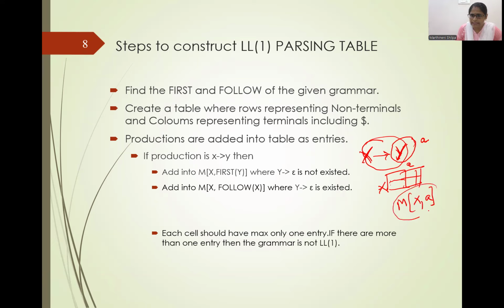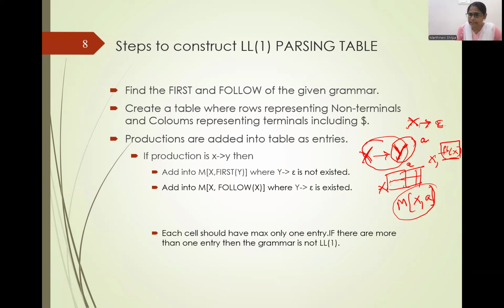When Y is not deriving epsilon, this is the case. If Y derives epsilon, let us take a production rule X deriving epsilon. This type of production will make an entry into the table in the X row and the columns of follow of X.